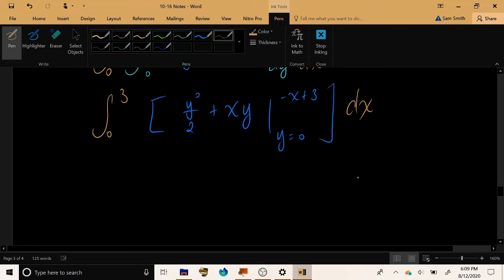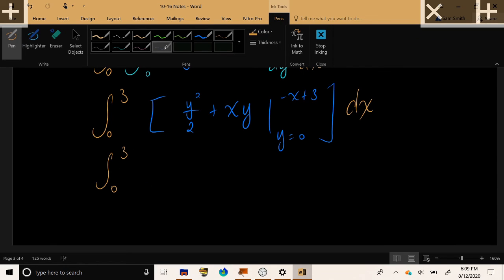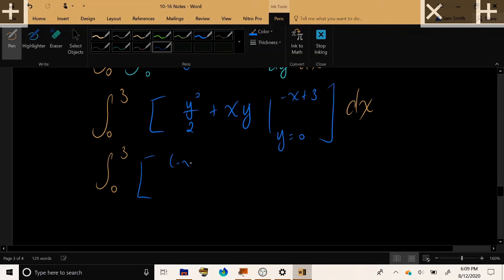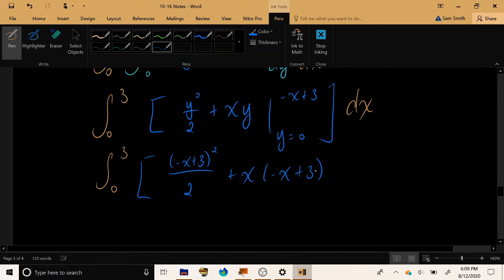Let's plug that in, and we get the integral from 0 to 3 of negative x plus 3 quantity squared over 2 plus x times negative x plus 3. And if I plug in y equals 0 to either one of these terms, they both vanish and contribute nothing to this definite integral.